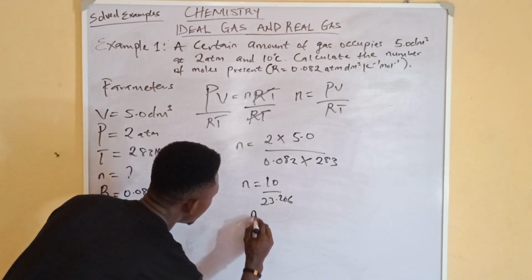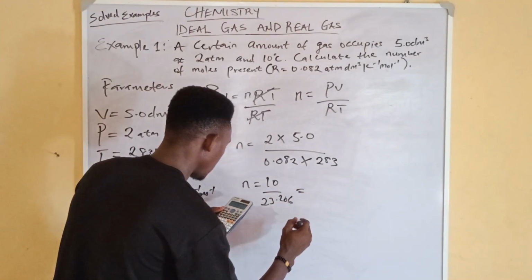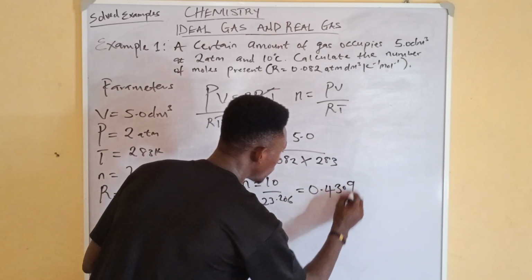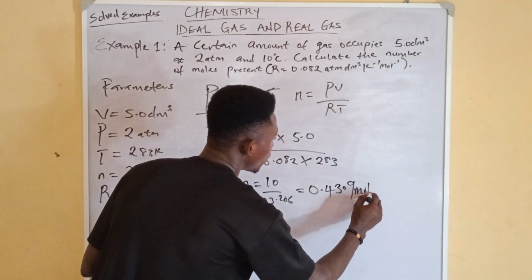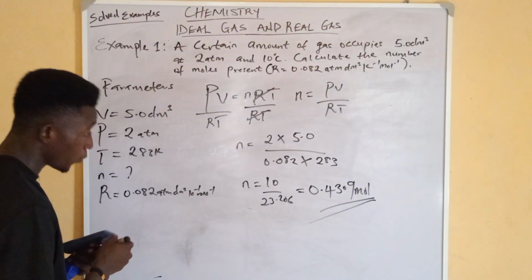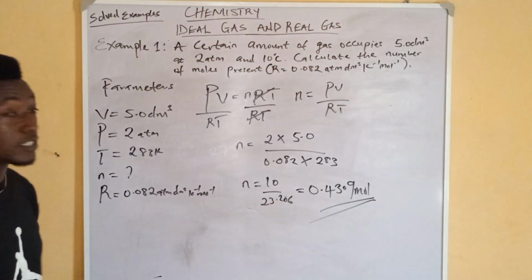So we have n, which is 0.4309 mole, because we are dealing with the number of moles. So this is our final answer.